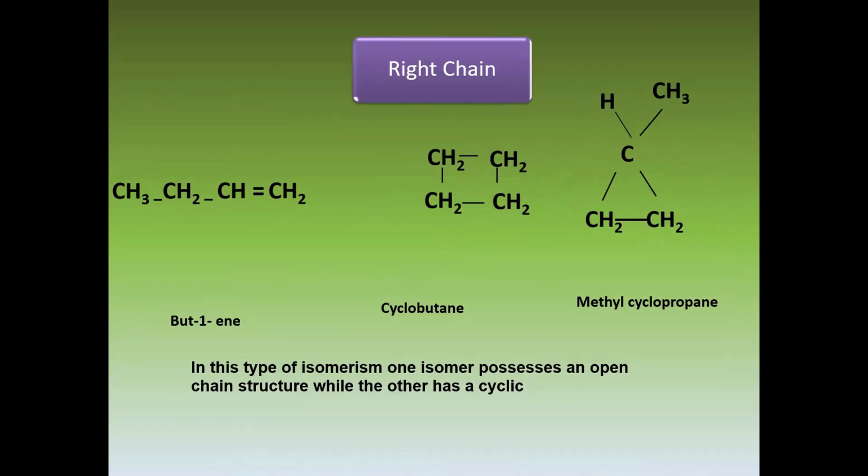All these three have the same number of carbons, which is 4, and the same number of hydrogens, that is 8. But how is the structure differing? In one, there is a straight chain. In another, this is a cyclic compound.